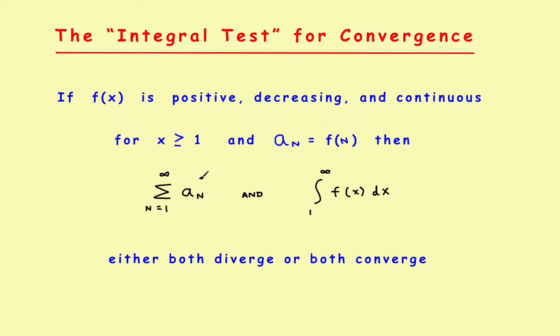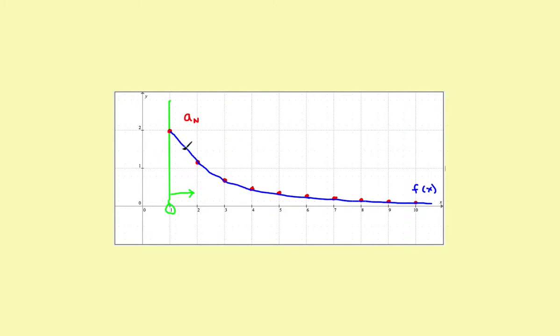Okay, now the next part says this. You want to know, does the sequence converge? Well, once you've got the function that models it, if you were to integrate that function from 1 to infinity, which is an improper integral, if that integral settles on a fixed number, then you'll know that this integral converges. Graphically, what that's going to look like is this: you're going to find this area from here, and we'll shade it as it goes all the way over to here.